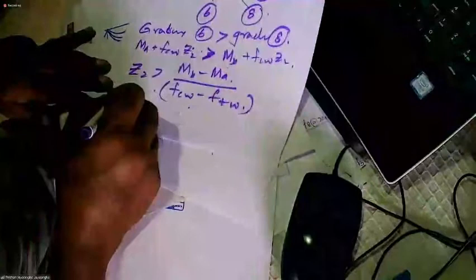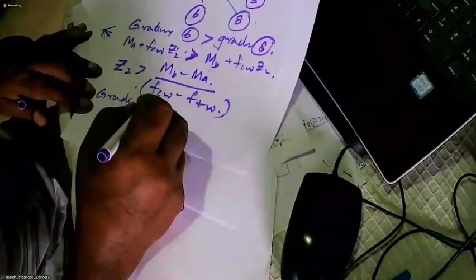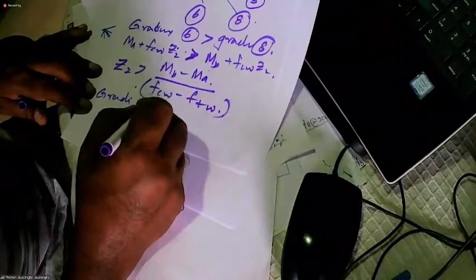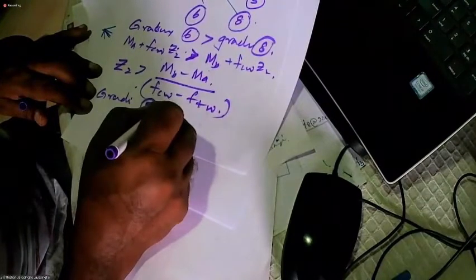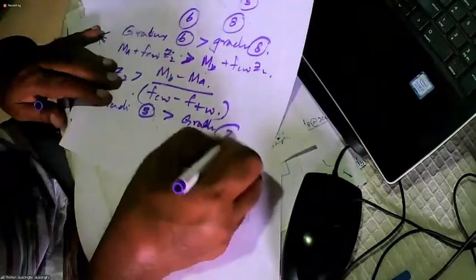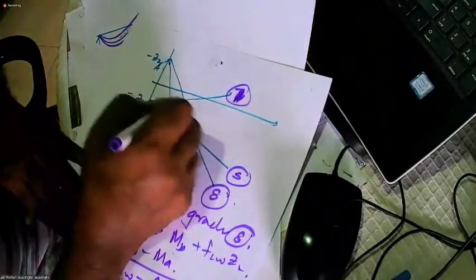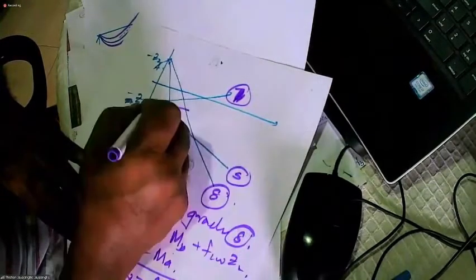Similarly, you can say gradient of 5 should be greater than gradient of 7.